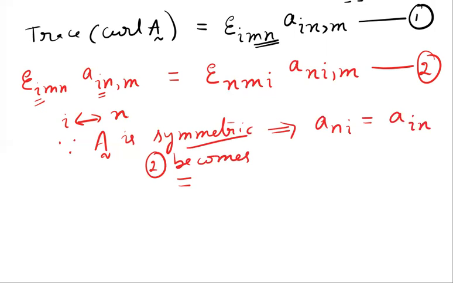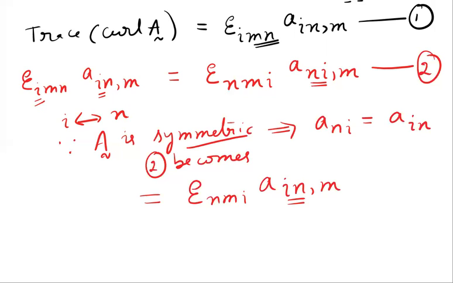Now using this, 2 becomes epsilon_nmi. The LHS of 2 is the same. I'm using the symmetric part, so A_ni is nothing but A_in. Since A is symmetric, I can use that, and I just changed this A_ni to A_in, and the LHS is the same.